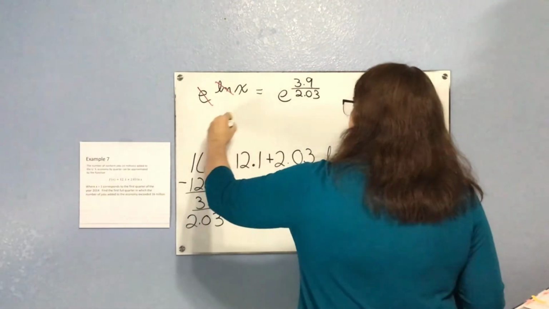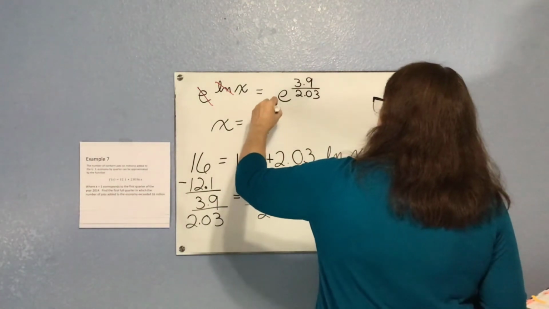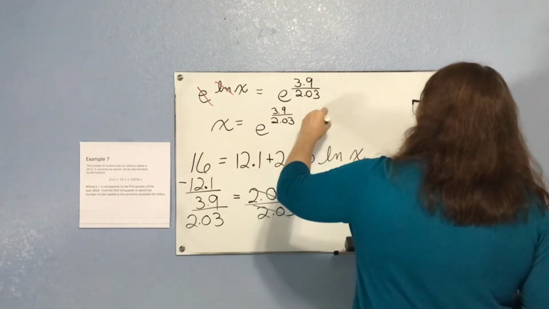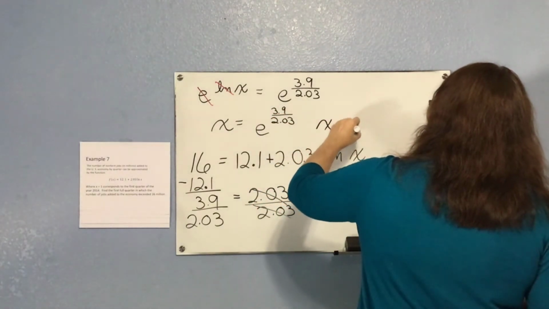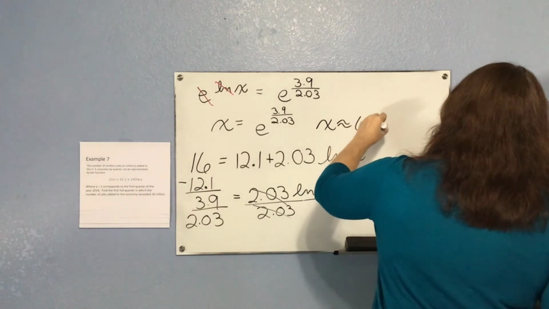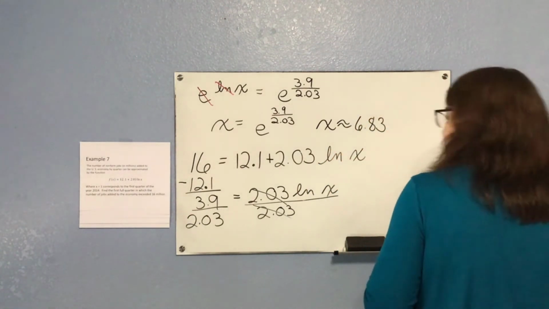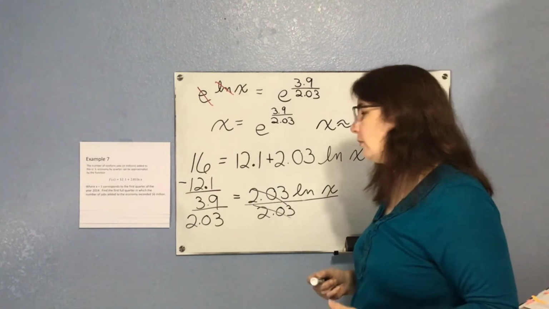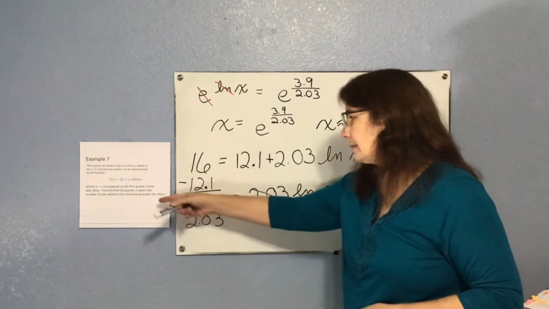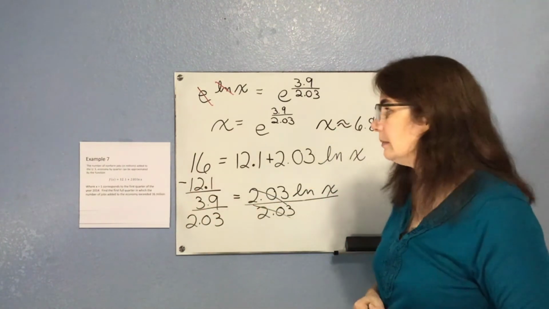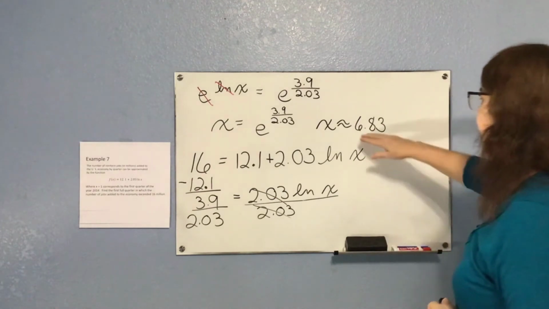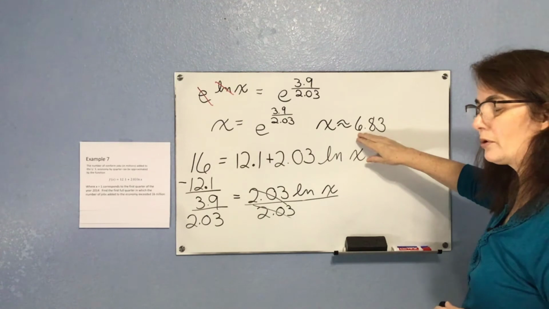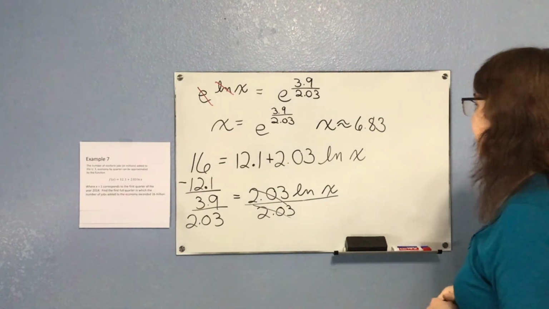I get x is equal to e to the 3.9 over 2.03, and x comes out to approximately 6.83. Now I need to pay attention to the question which asks, what's the first full quarter that the economy jobs exceeded 16 million? Well, we see that it happened in quarter 6.83, but since I'm on a full quarter, I'm going to round that up to x equals 7.